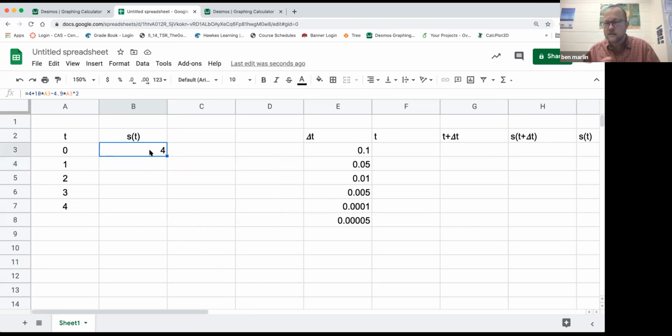I'm going to highlight that place that I did the calculation. And you can see that it's got a little blue square in the lower right-hand corner. If you grab that, it will turn into crosshairs. And when you drag down, it will fill in a formula that constantly says, I want to use that formula that is off there to my left.